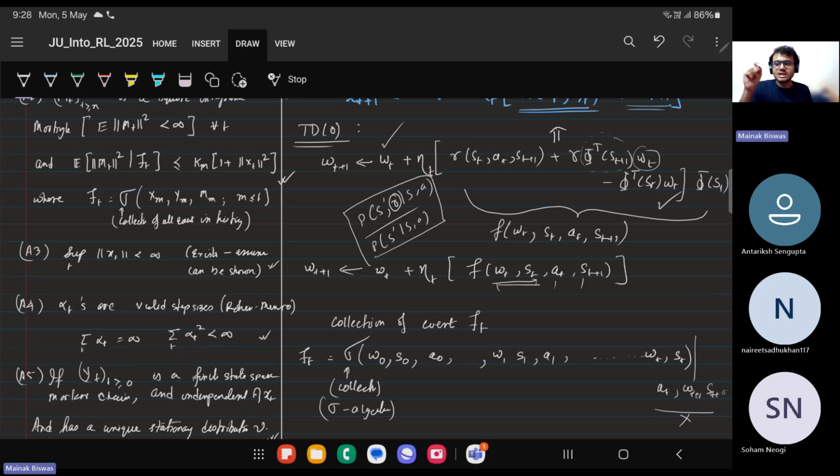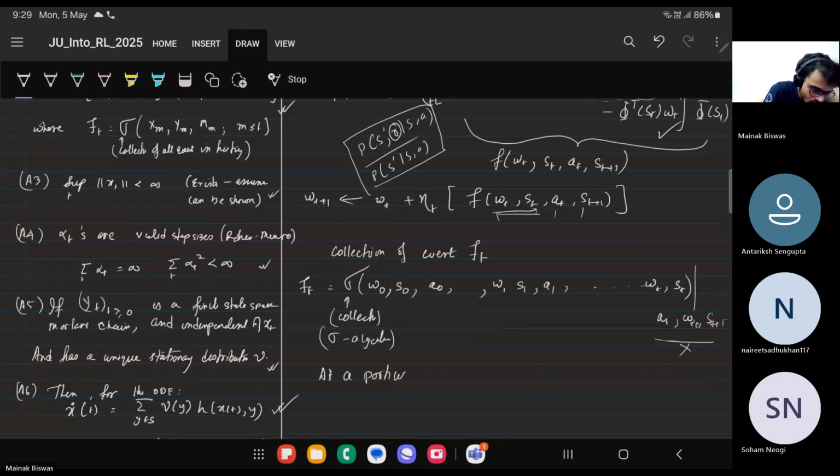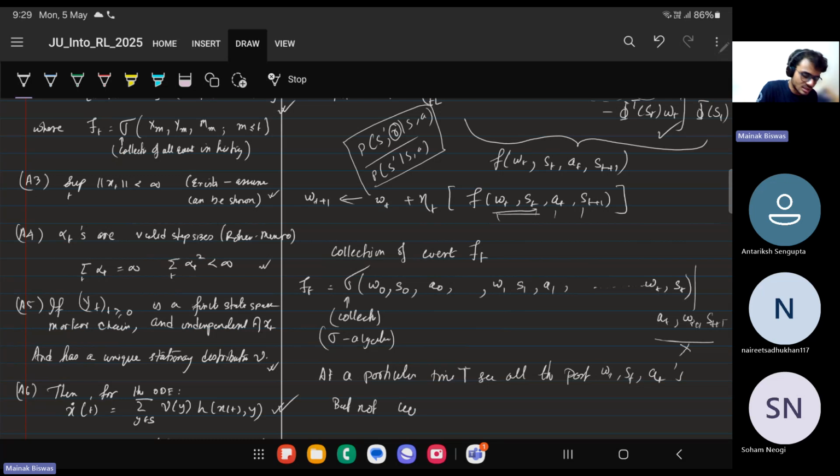So it says that at a particular time capital T, we see all the past St, At for t less than or equal to capital T, and At for t less than capital T. These two things I'm seeing.